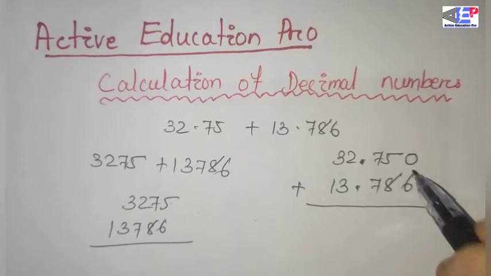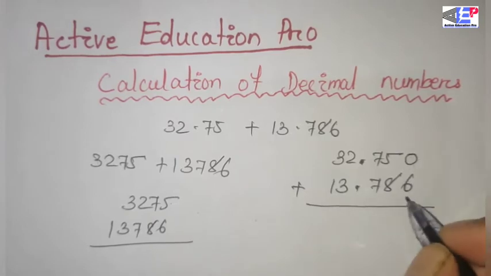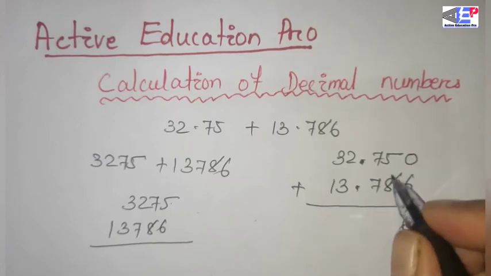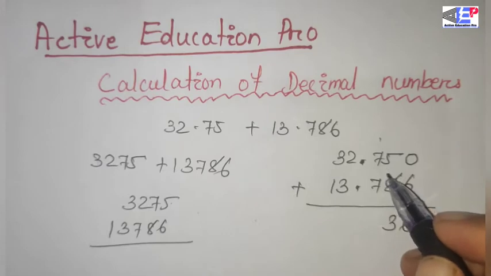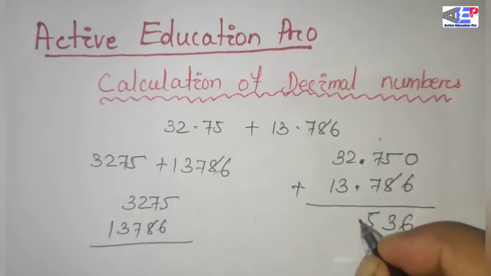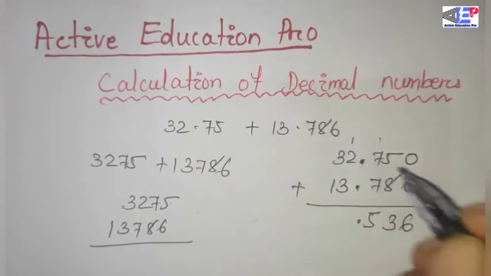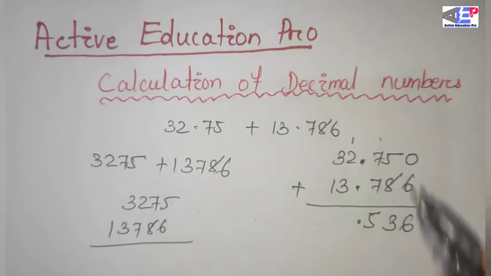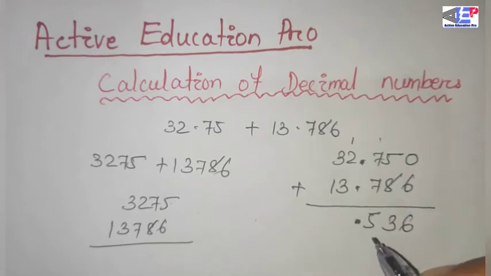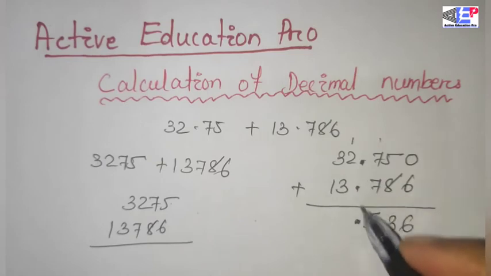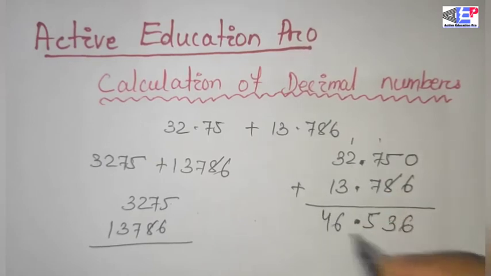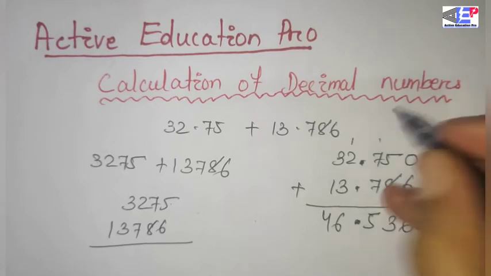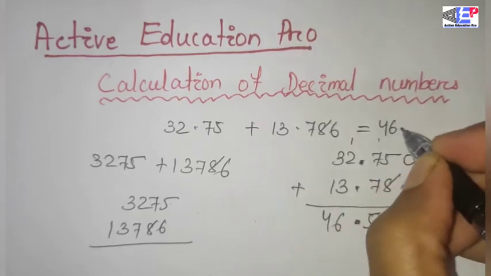So here there is no digit, so this is 0. 6 plus 0 is 6, 8 plus 5 is 13, carry 1, 7 plus 7 is 14, 15, and this 1 remains. As usual, you add the numbers normally, but you put the decimal sign aligned with the decimal points above. So 3, 2, 5, 6, 3, 1, 4. This is 46.536, the sum of these two numbers.